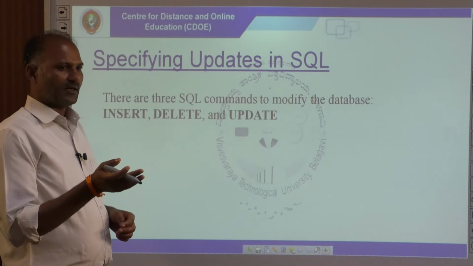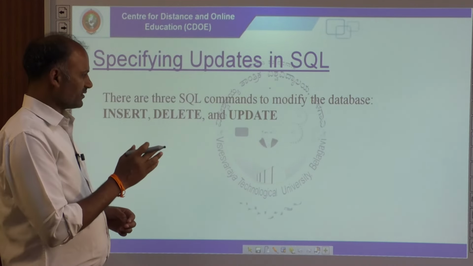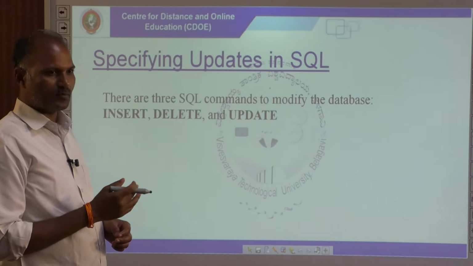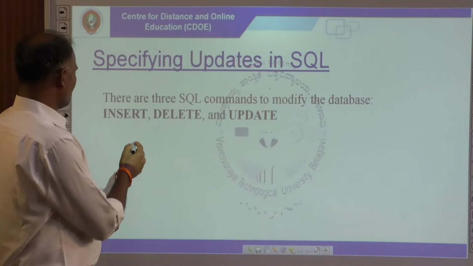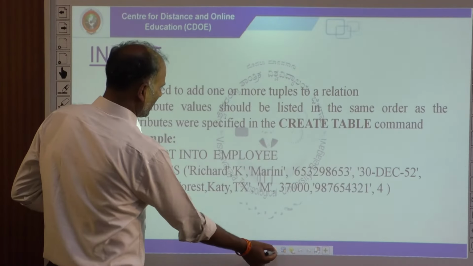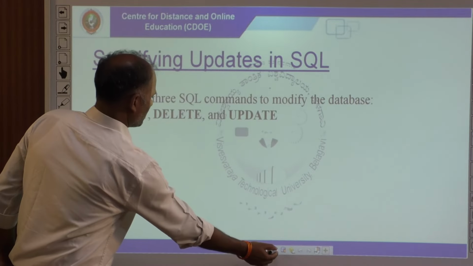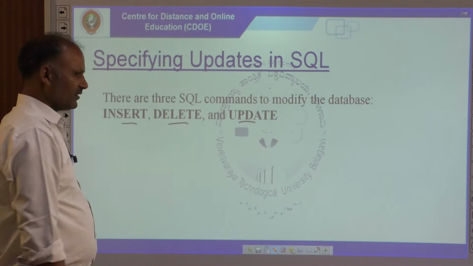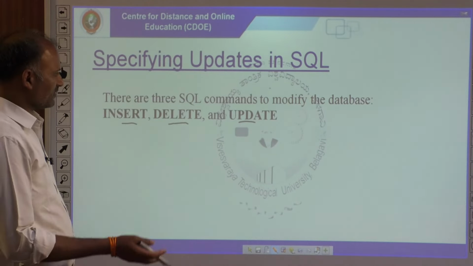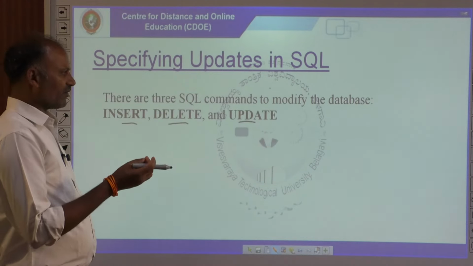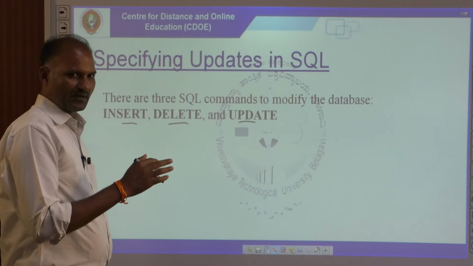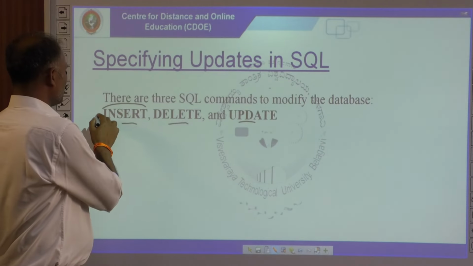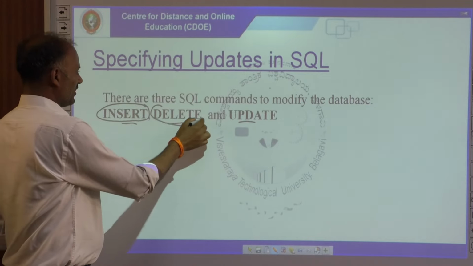It means the database changes from one state to another state. The statements that make the database change from one state to another are insert, delete and update. These are the 3 SQL statements that change the number of records present in the database.